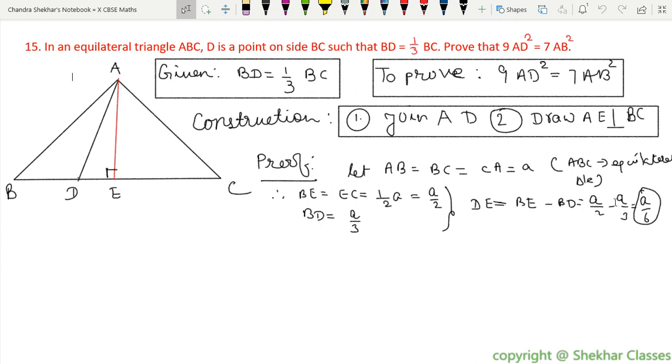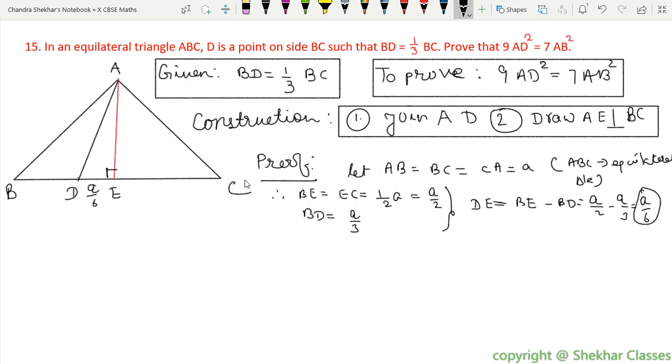So let me write it here. Let me mark it over here. It is A upon 6, right?